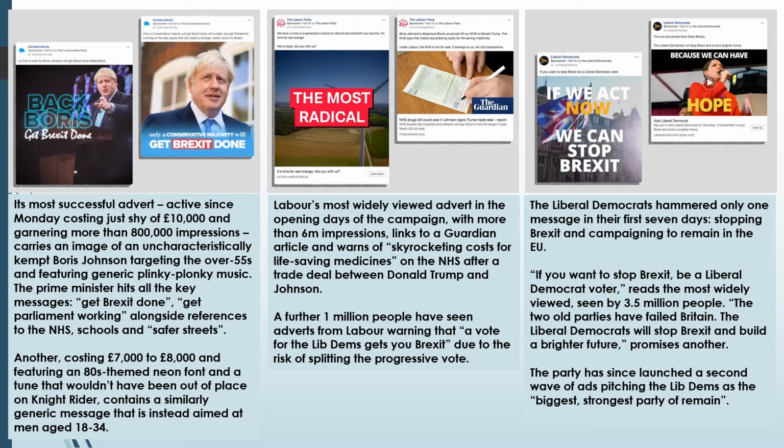It was costing about £10,000 for these adverts, and then they threw extra money in to target particular groups. Labour didn't spend as much money on their online campaigning, but they put out campaigns about some of their policies, about costs for medical equipment and the threats of trade deals with Trump.